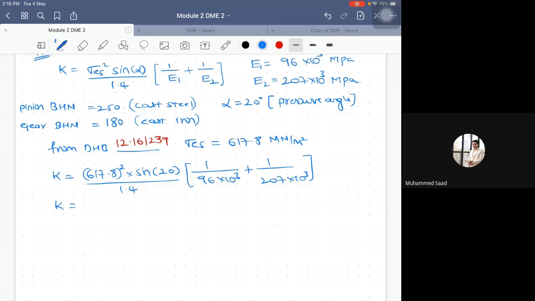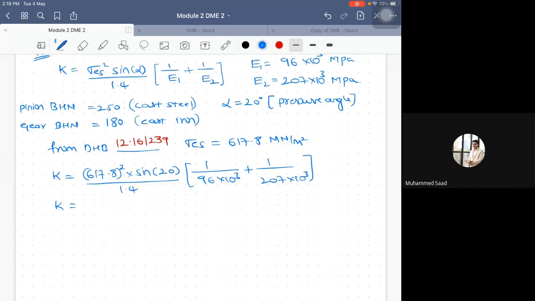So always remember, whenever a formula is available, the formula is always preferred. Whenever the E1 and E2 values are given, go with the formula. That will always yield you good results. Do not go with the table values. Whenever you have a formula, just go with the formula. Table values are always inaccurate. K is 1.42.